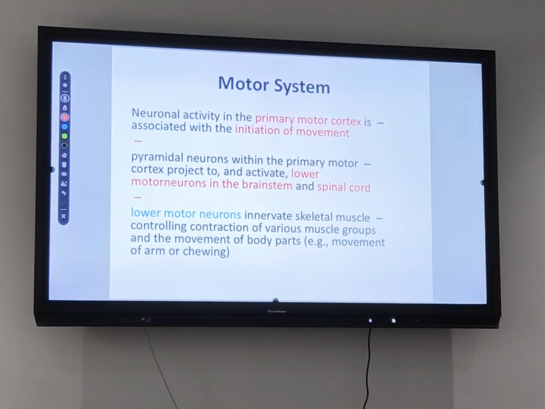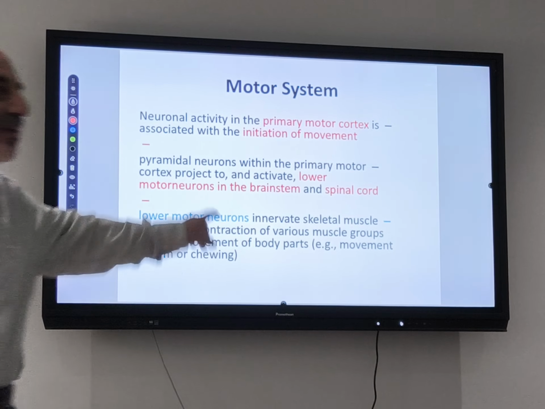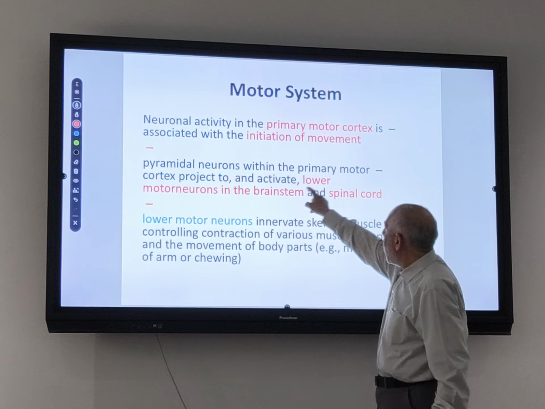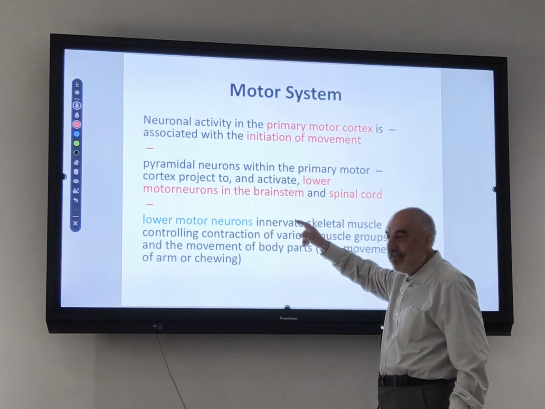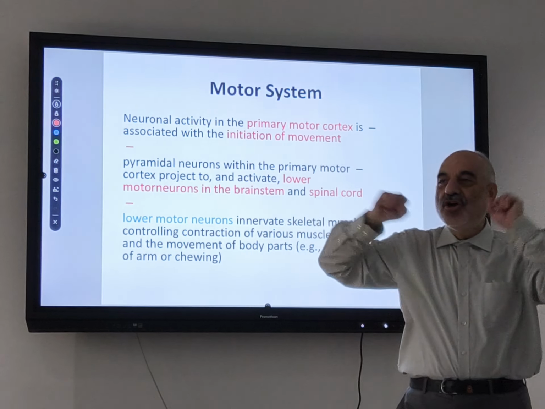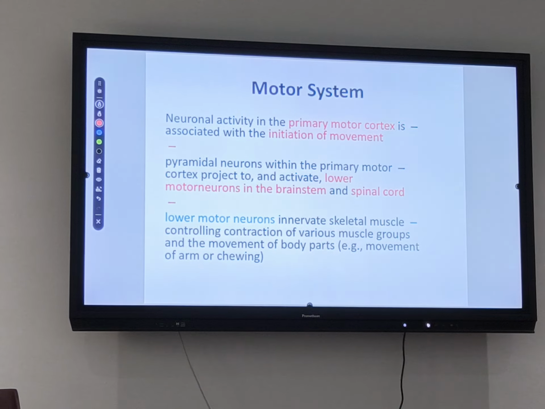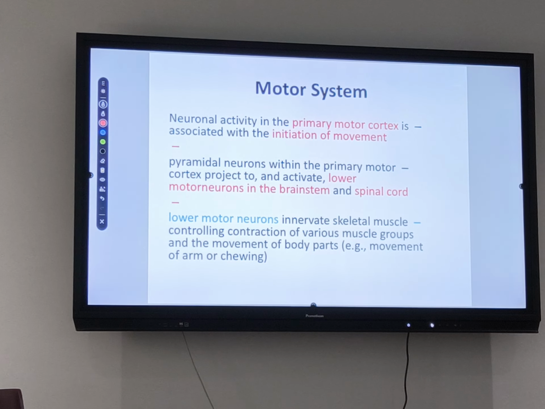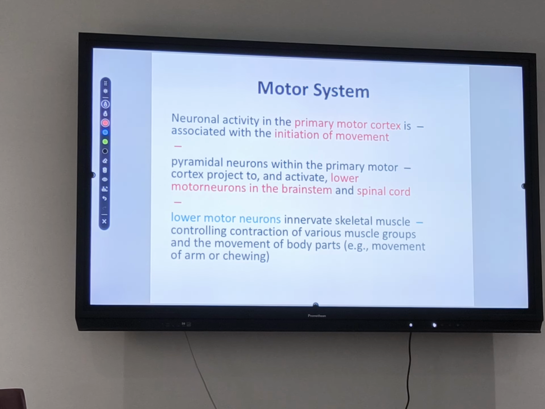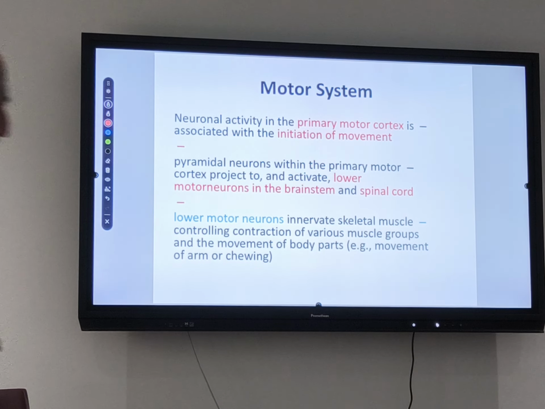The nuclei of these nerves are not in the spinal cord, they are in the brain. So for cranial nerves, the nuclei are in the brain stem. But for shoulder, elbow, and finger, they are in the spinal cord. If you refer to neuroanatomy, you will find that.